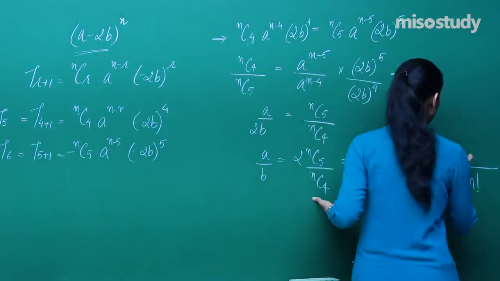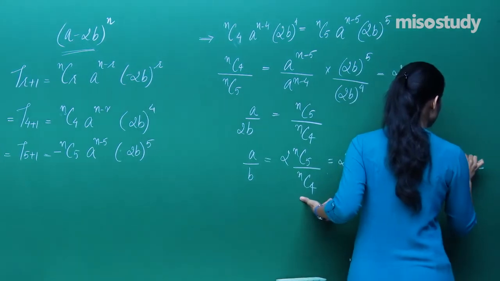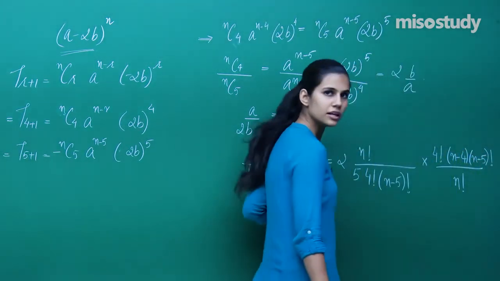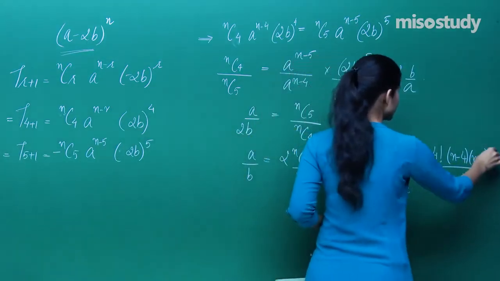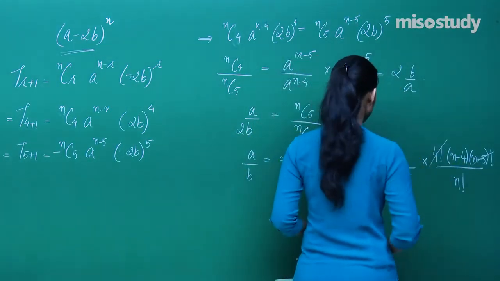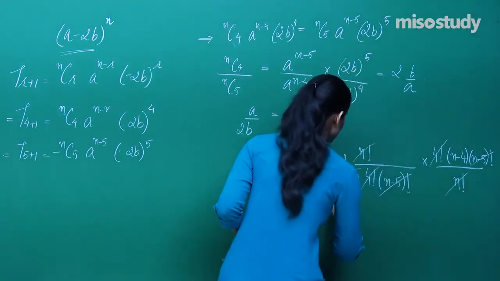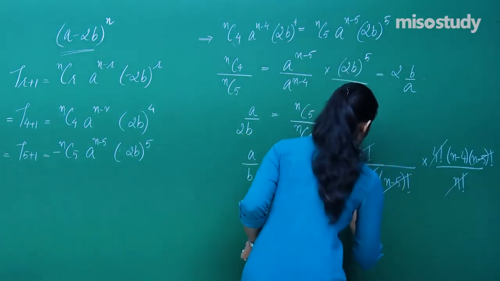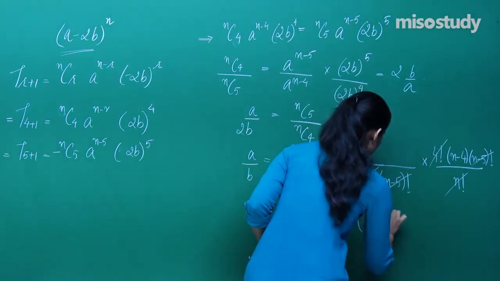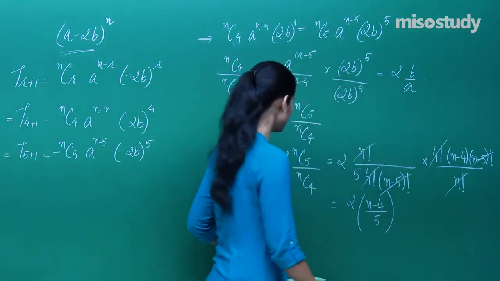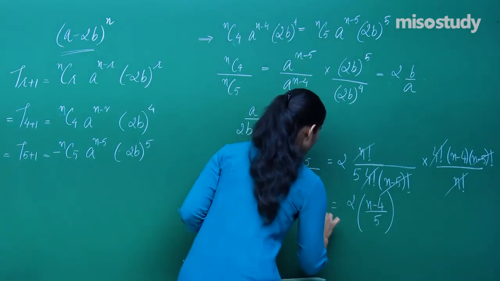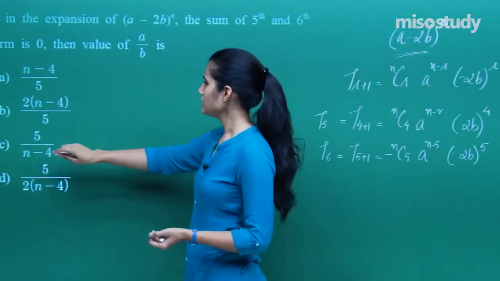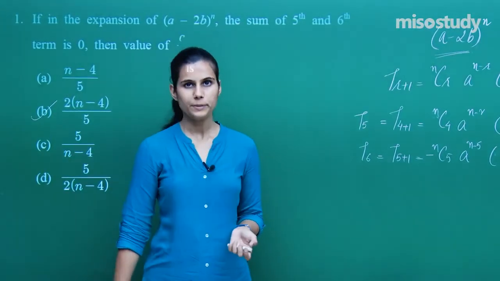So n factorial, this is 4 factorial, n minus 4 into n minus 5 factorial. So this gets cancelled out, this gets cancelled out, this gets cancelled out. So you are left with what? This becomes 2 into (n minus 4) by 5, and that is what is your a by b. So a by b turns out to be 2 into (n minus 4) by 5, which is option number B.